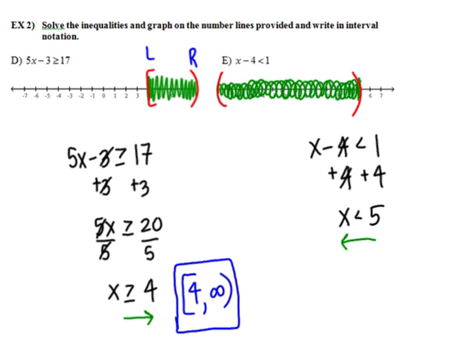Writing my answer from left to right, left is at the negative infinity, right is at the 5, and both sides take parentheses. You are welcome to draw this number line every time if you need it, but you don't have to draw the number line. If you can work the interval notation without the number line, that is just fine.